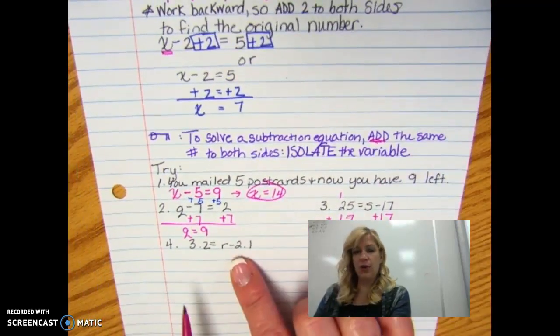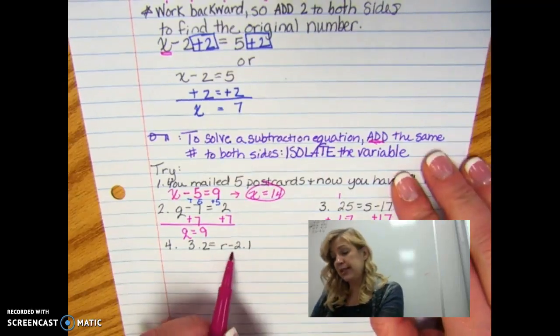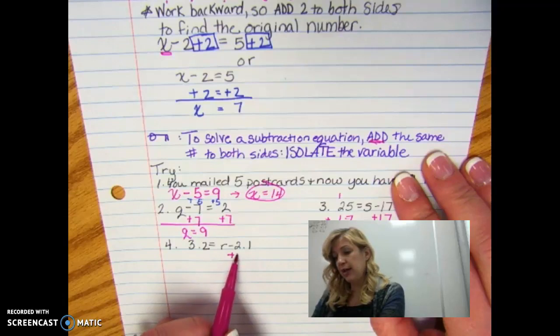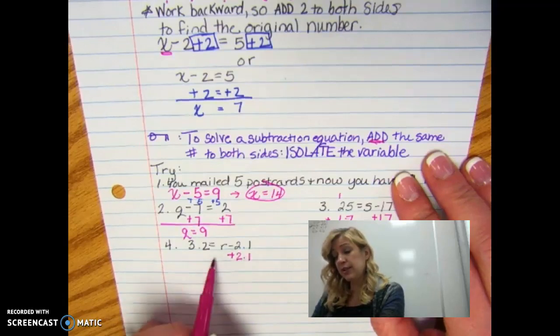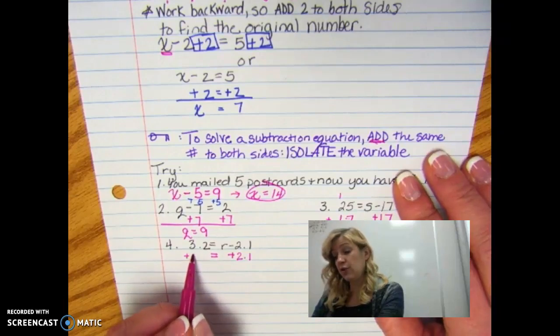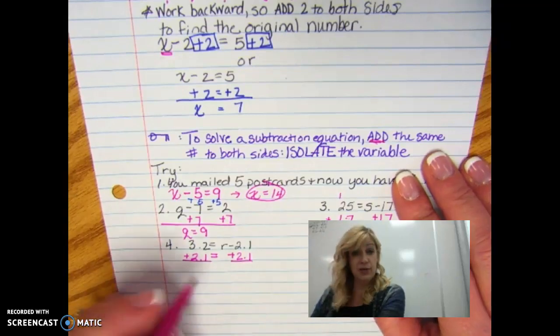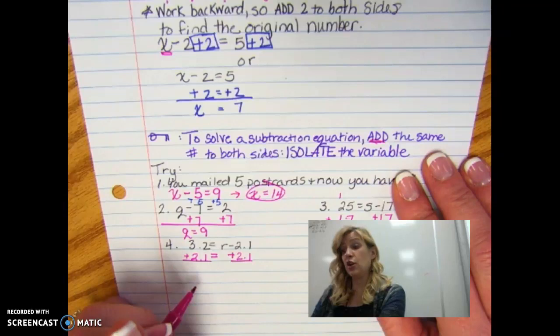And it's especially important when you have numbers like this that you do show your work. I want to see the process where you add the 2.1, and I know Mrs. Wilson is expecting this as well next year. The algebra teachers in the future are asking us to reinforce that you need to show these steps. And my son, who's at the U of M, said make sure they know how to do these steps and show them.